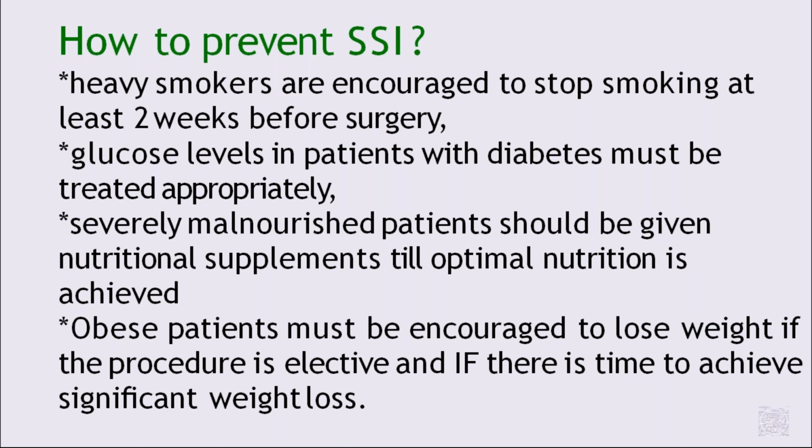If it is a case of an obstructed hernia, then you can go for emergency laparotomy. Otherwise, definitely you should encourage the patient to lose some weight, if there is some time to achieve significant weight loss.